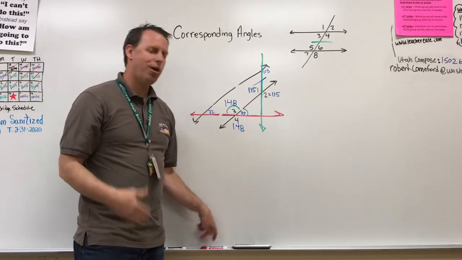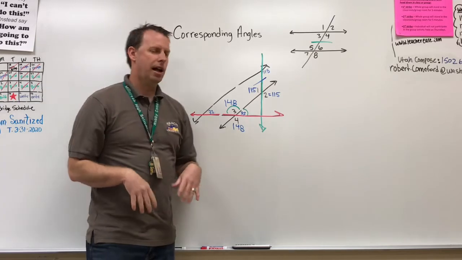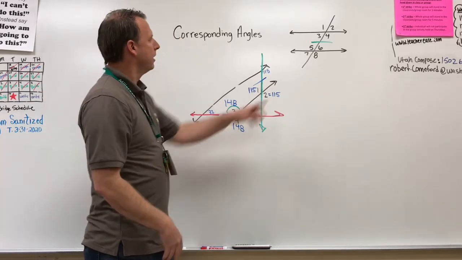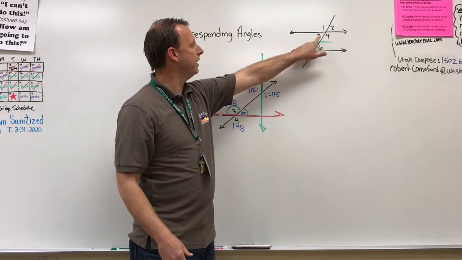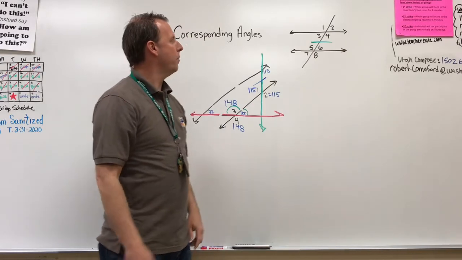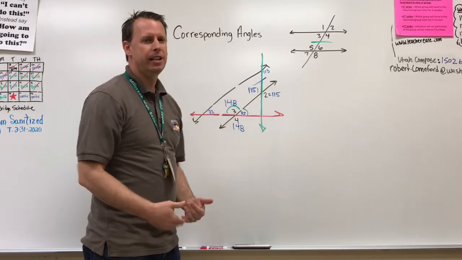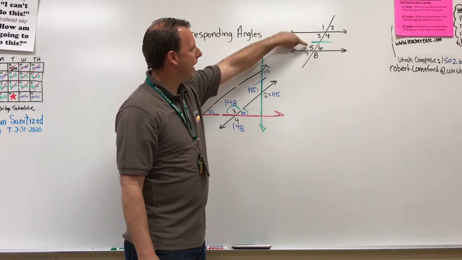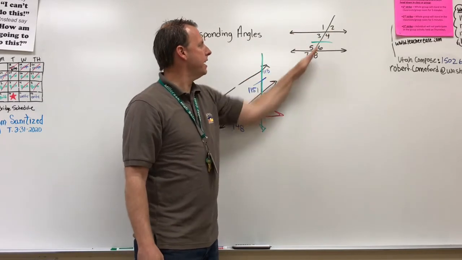So remember, you have all sorts of tools that you can use. Let's just review through them. You have alternate interior angles. That would be like 3 and 6 here, or 4 and 5. Those are equal. We have consecutive interior angles. That's like 3 and 5. Those add up to 180. You have straight line stuff, right?